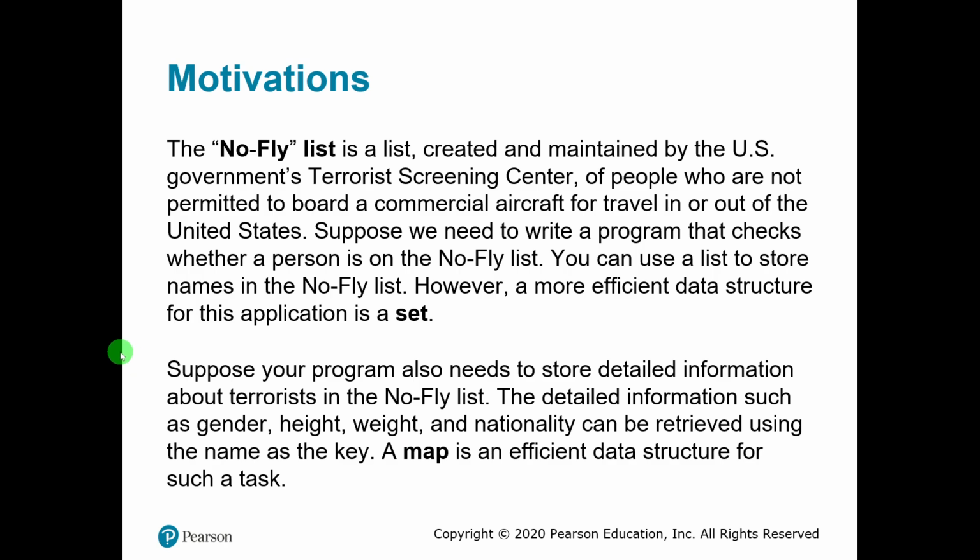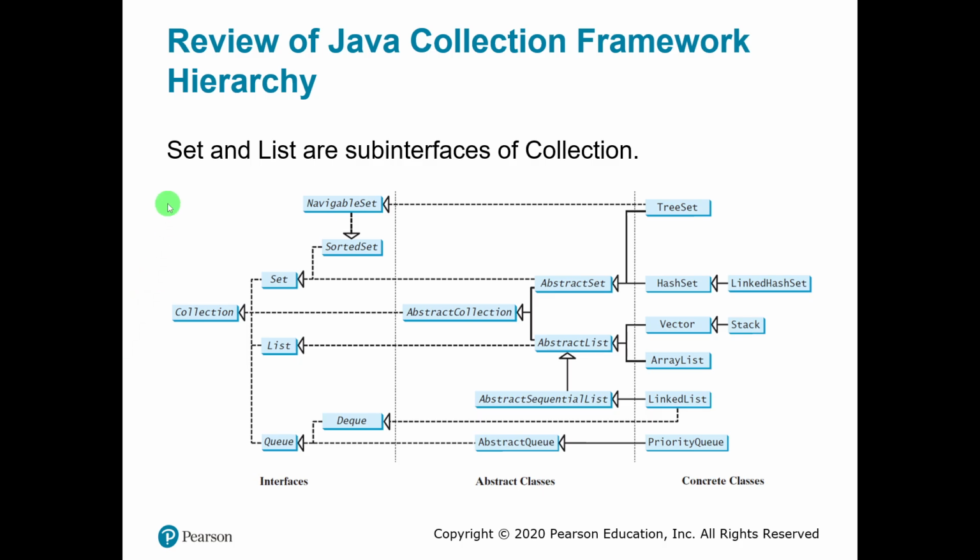So let's take a look at the collection framework hierarchy and talk about how these things all fit together. At the very top, we have collections, and in previous chapters, we've talked about list as an interface, and we talked about abstract list being a partial implementation of the list interface that's provided for us in the Java framework.